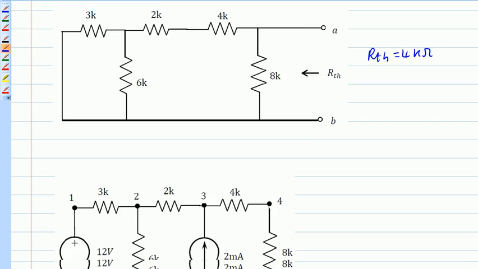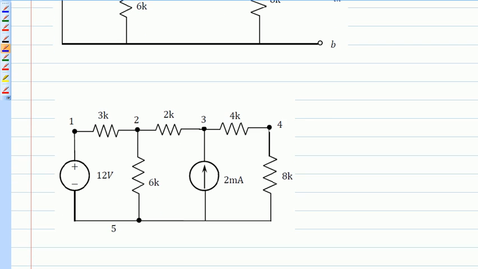The next one is to find VTH. To find VTH, I used nodal analysis. You can try other approaches, but in nodal analysis, you first figure out how many nodes you have. In this case, I have 5 nodes, and you need to designate one node as the reference.